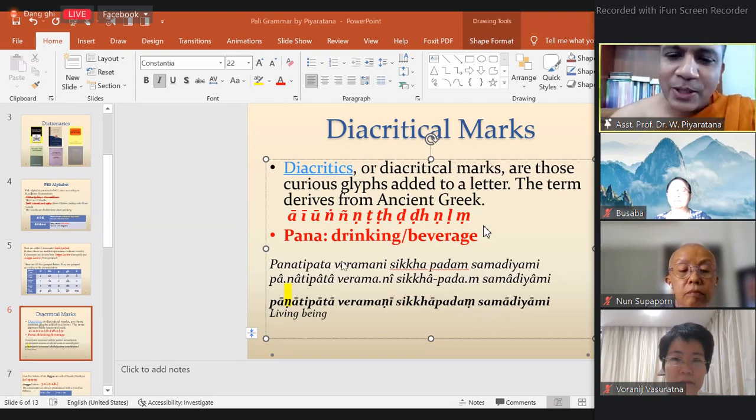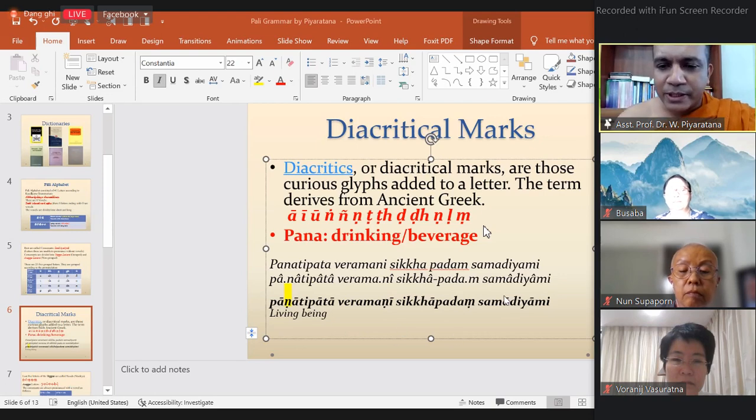Okay. Since this is also related to Pali, when you see this sentence, Panatipata Veramani Sikkhapadam Samadiyami, there is no subject. In this sentence, there is no subject.